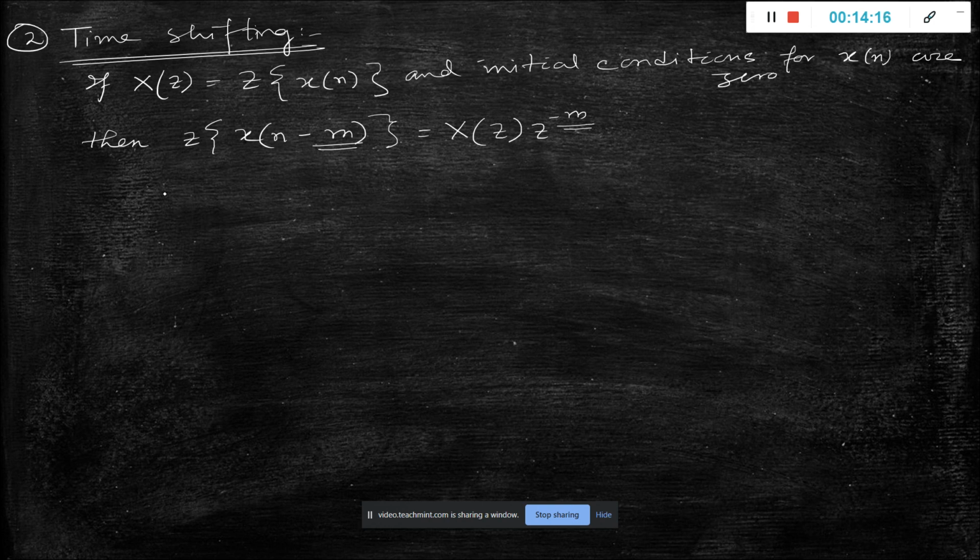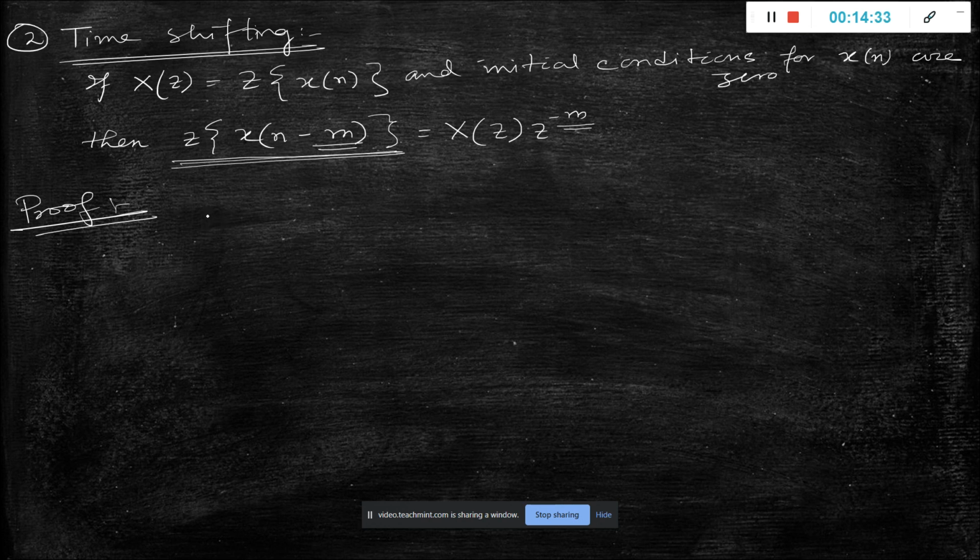Okay, so now proof, we have to prove this. So यहाँ पे देखो, I have to find out the z transform of this by putting this equation into the traditional formula of z transform.